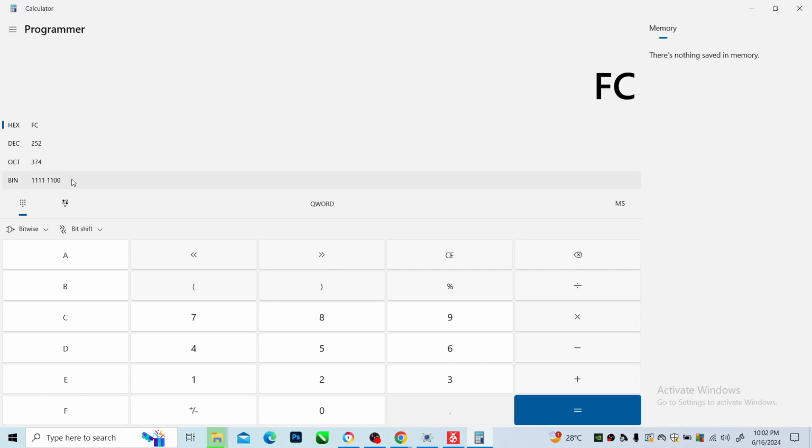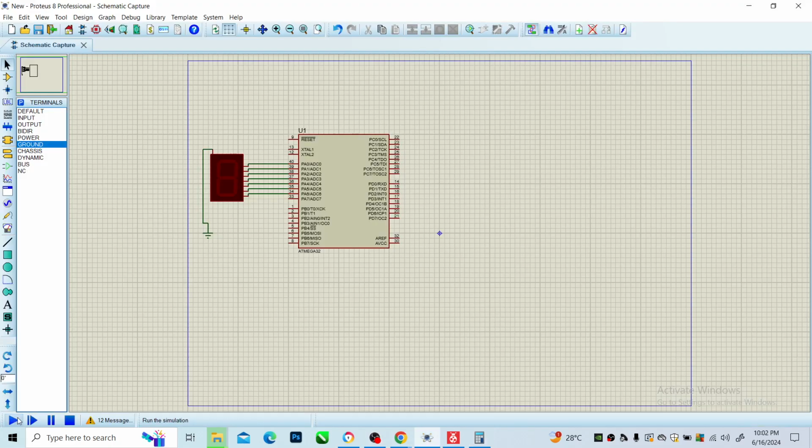So if I go back to Pro Tools and I run it this way, two lights are off, this and this. Can you see? Now something is not right.